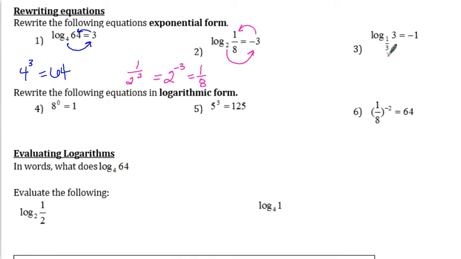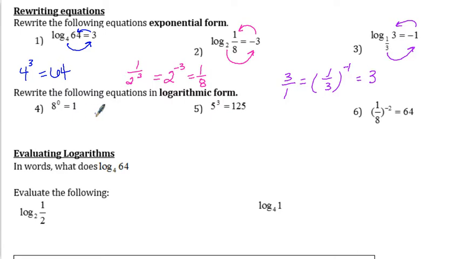Example 3, a log with a base of 1/3. 1/3 raised to the negative 1 power is 3. And we know that because anything raised to the negative 1 power just means we flip our fraction, right? So that's converting from logarithmic form into exponential form.